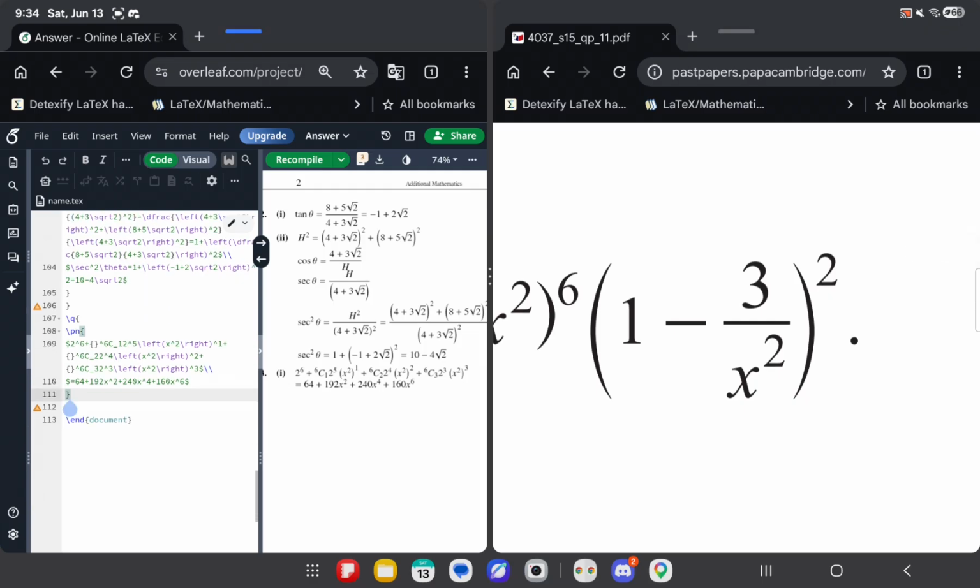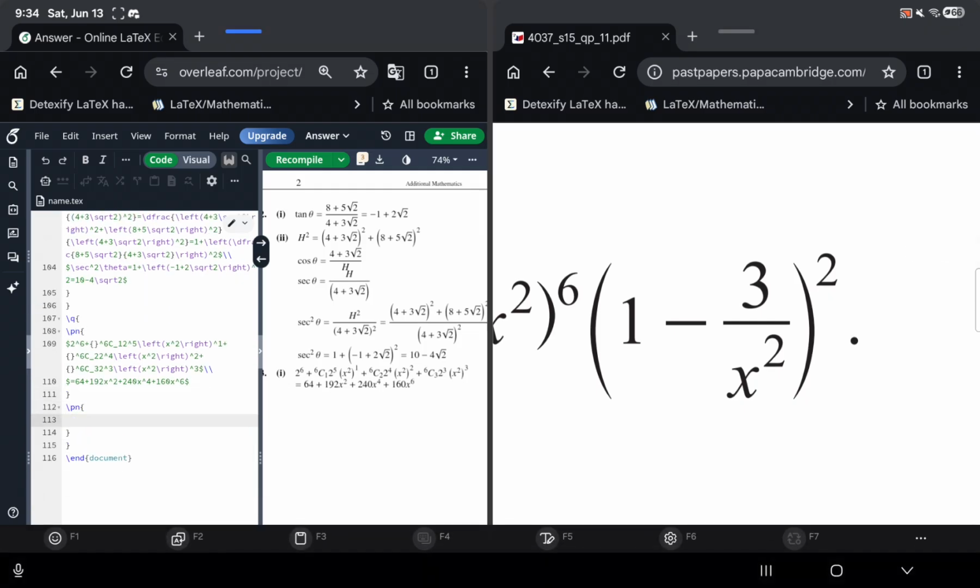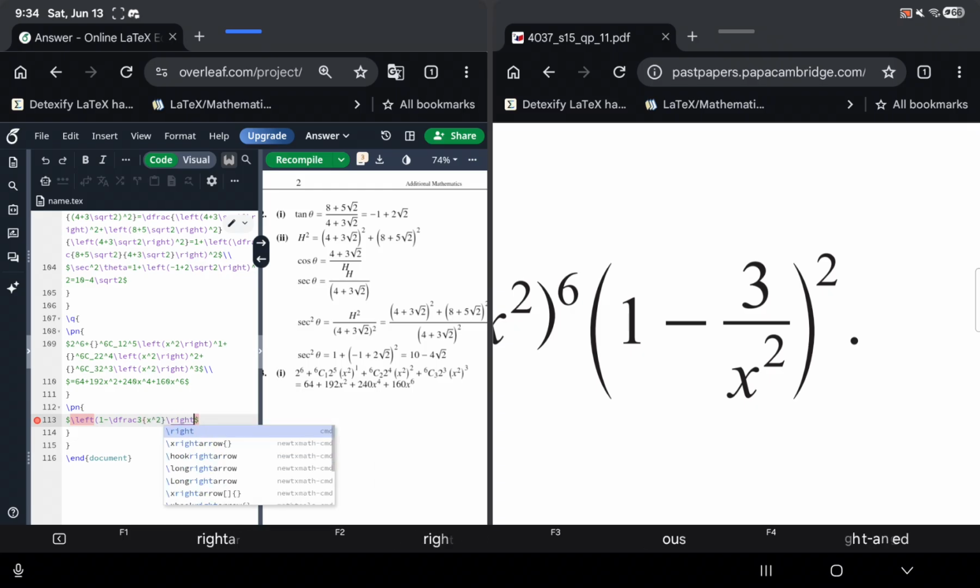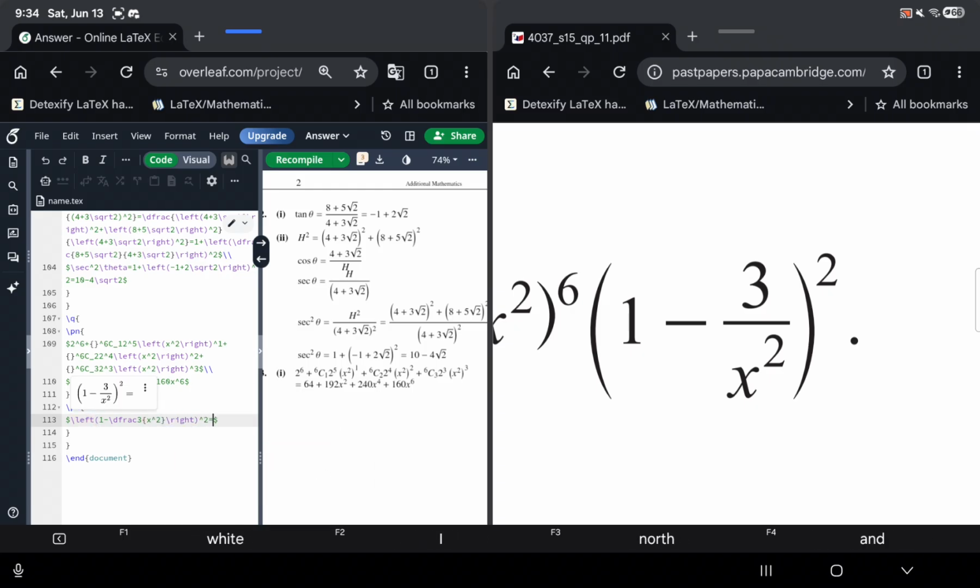So let's do (1 minus 3x squared over 2) squared, which is equal to 1 minus 6x squared over 2 plus 3 times 3 is equal to 9 x to the fourth. Nice. Correct.